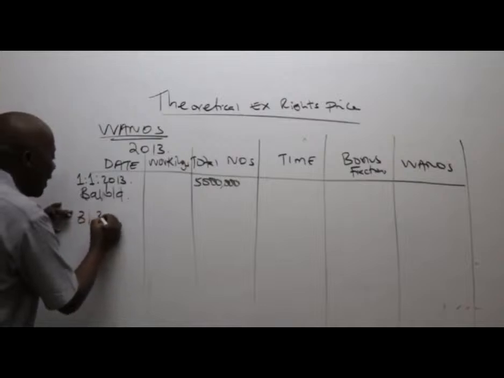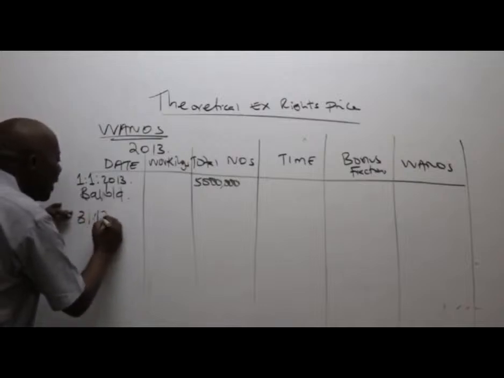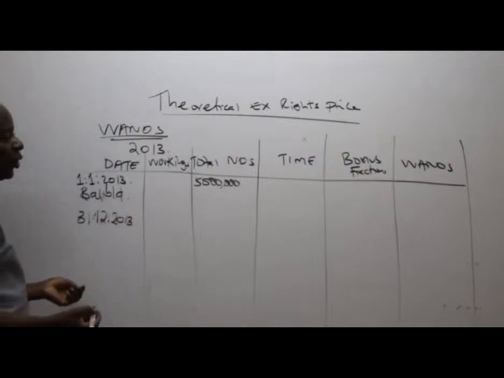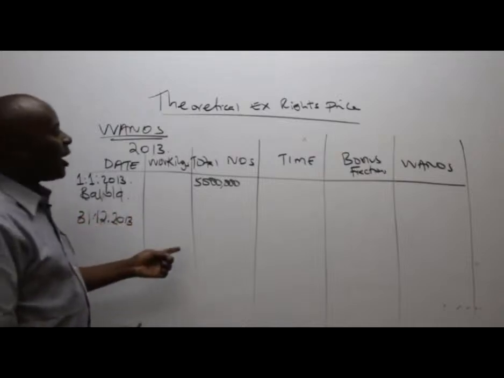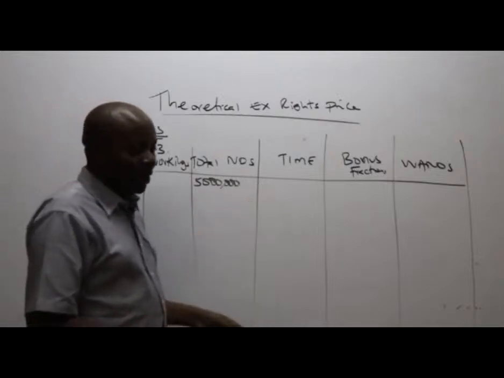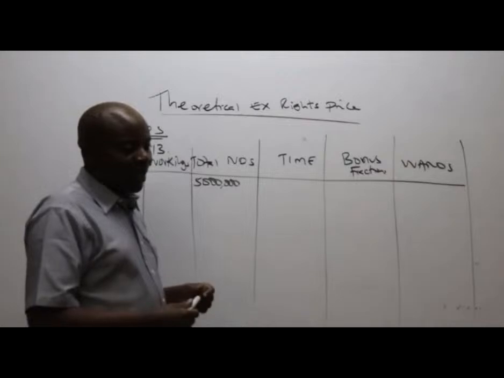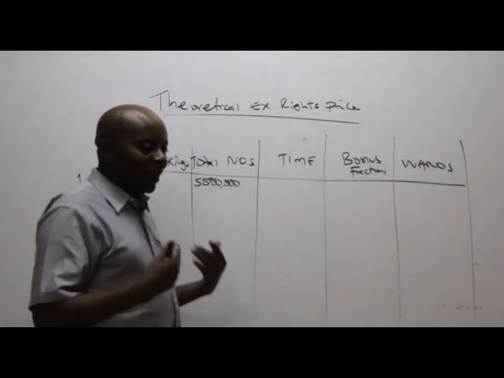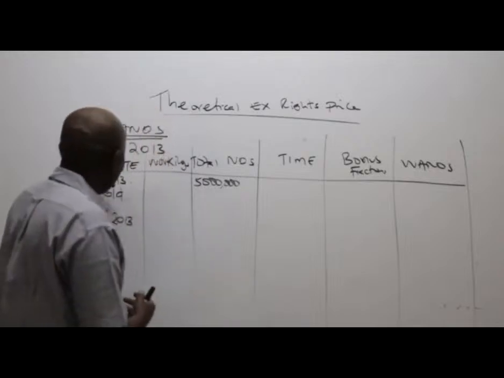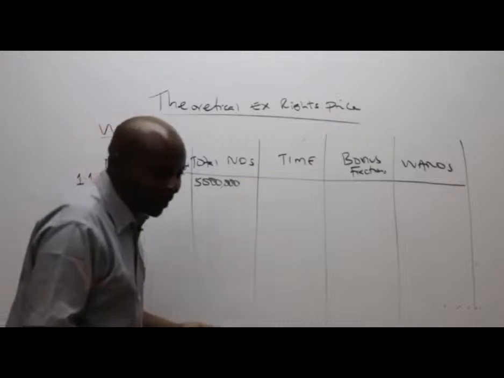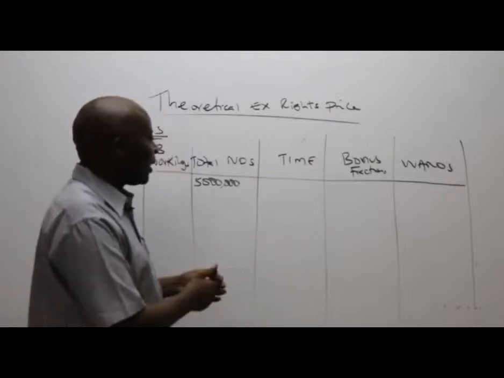If you look at this very well, let me count how many months there are. From this date to the next date, it is 12 months, isn't it? There was nothing really much.